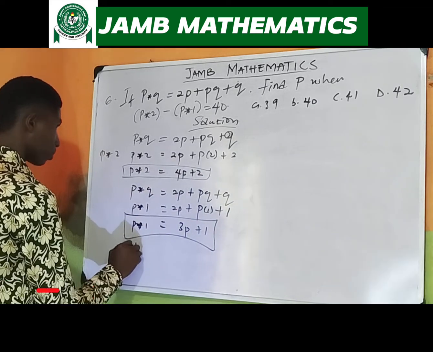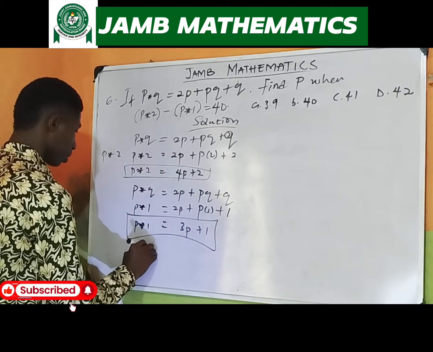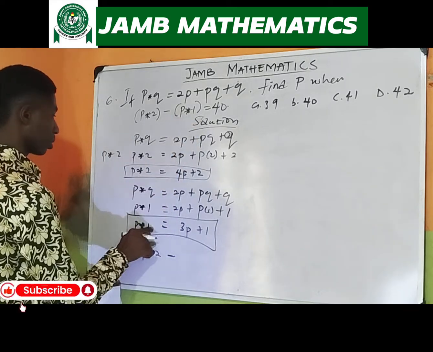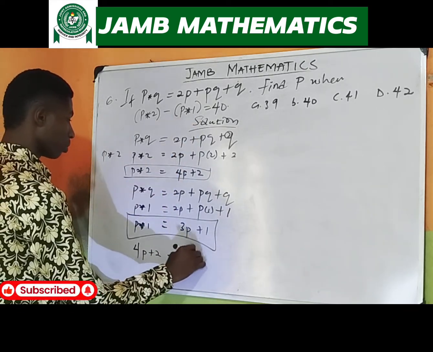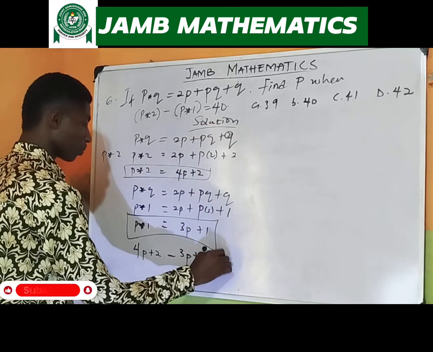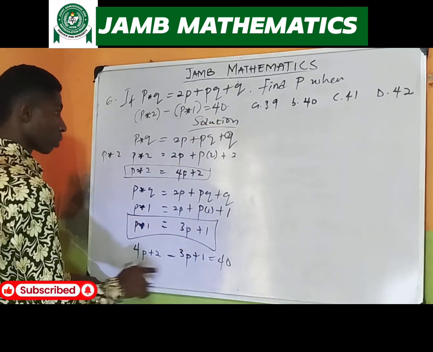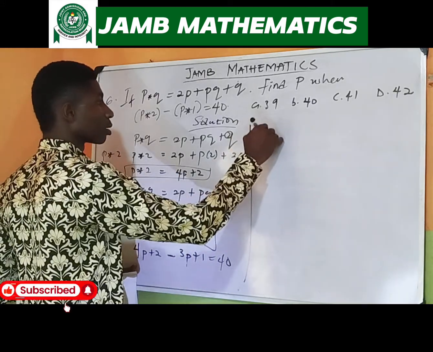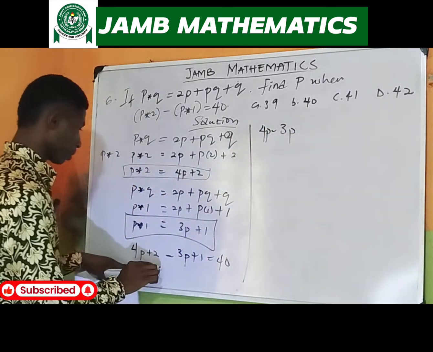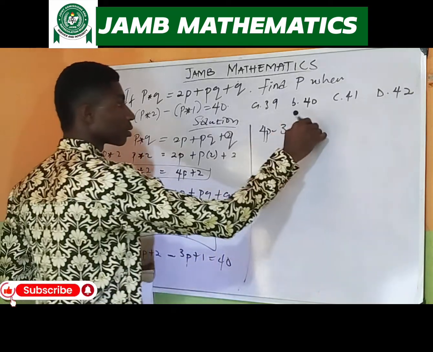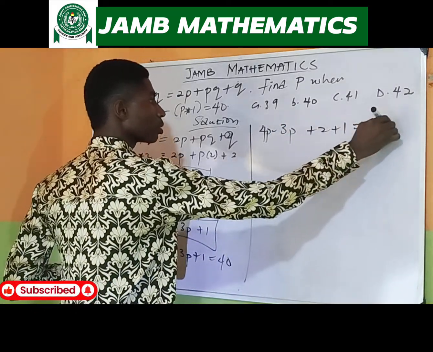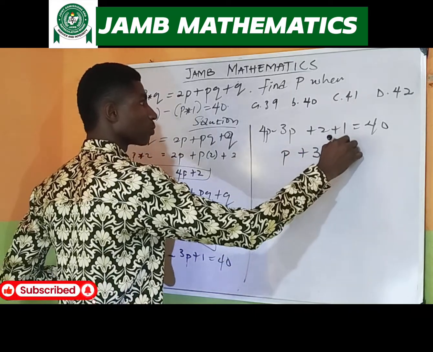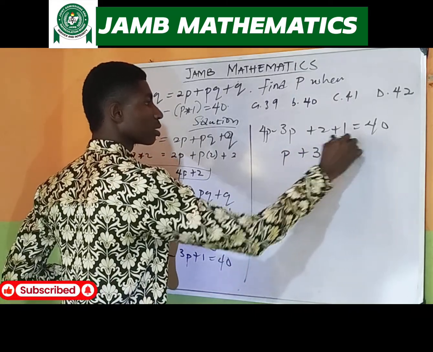So 4P plus 2 minus P star 1, which is 3P plus 1, is equal to 40. 4P minus 3P plus 2 plus 1 is equal to 40. 4P minus 3P is P, plus 3 is equal to 40.